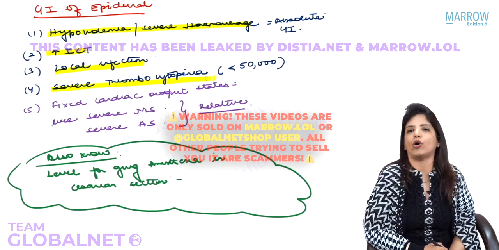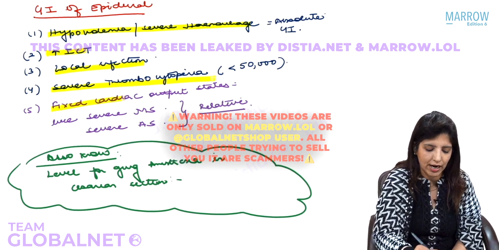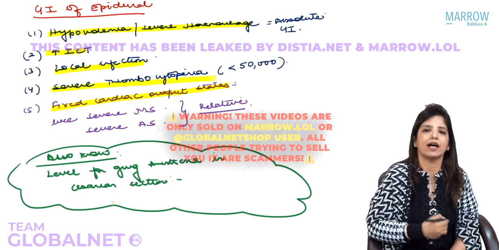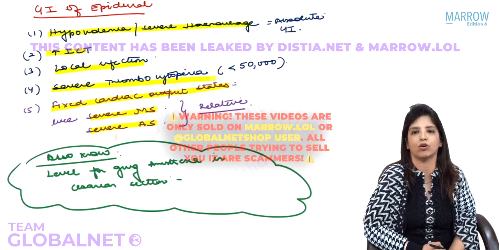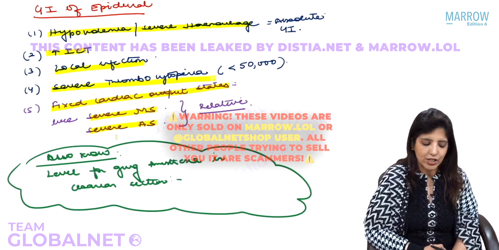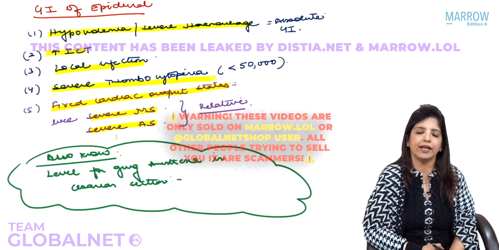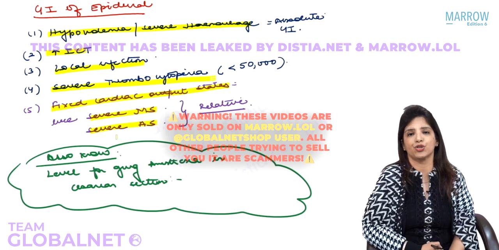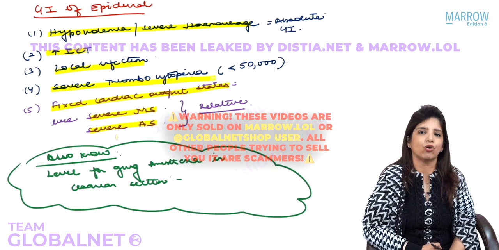A relative contraindication for epidural analgesia is fixed cardiac output states, like severe mitral stenosis and severe aortic stenosis. Right? So in these cases, yes, epidural analgesia is contraindicated, but as such, if I ask you, in heart disease patients, is epidural analgesia contraindicated?